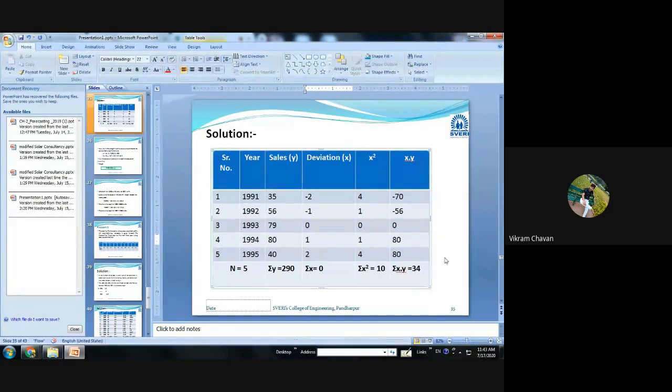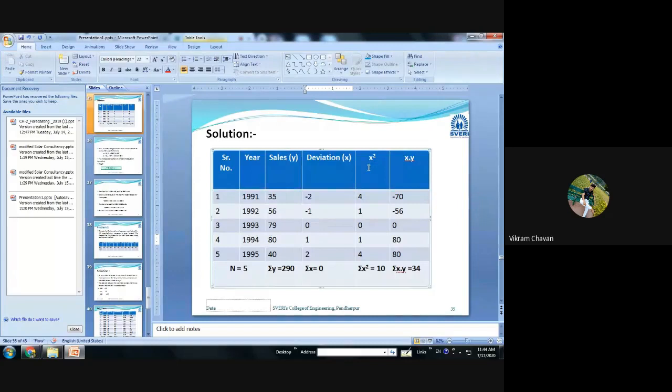So that our summation of x becomes 0: -2, -1, 0, +1, +2. Summation of x becomes 0.